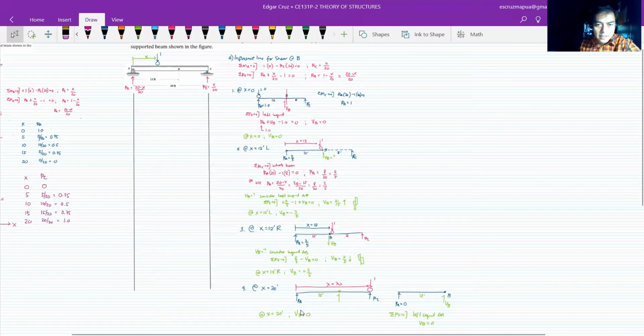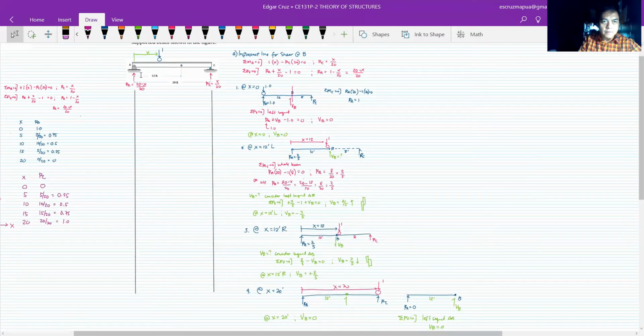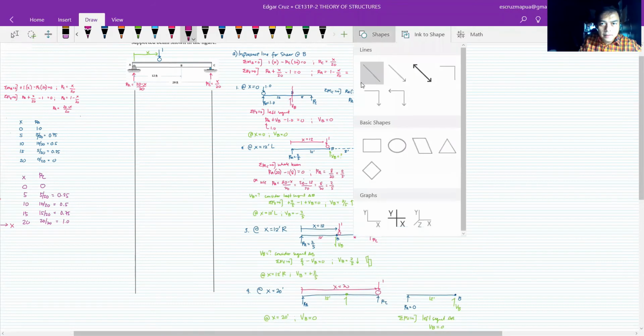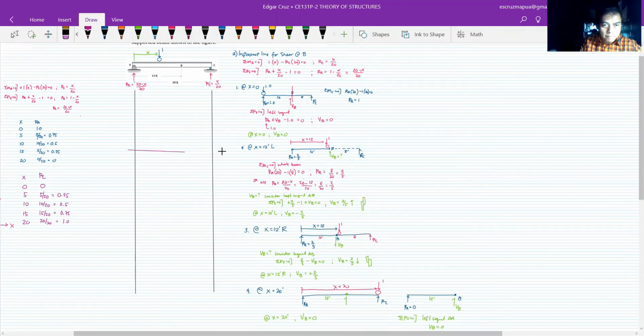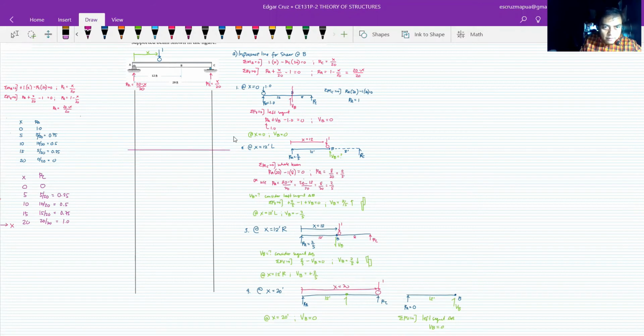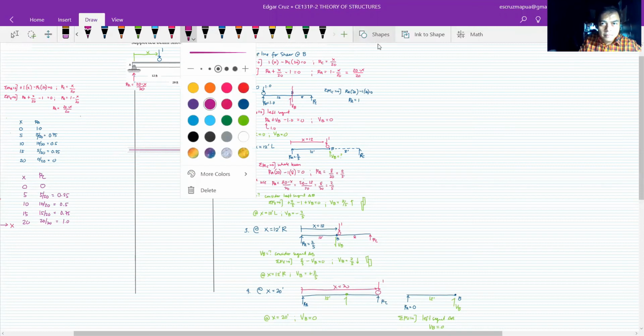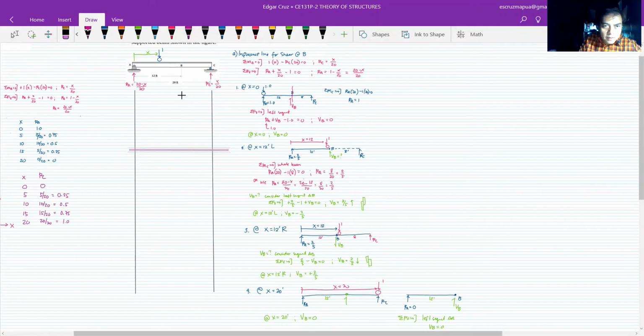Okay, so let us plot it here. Okay, so if we're going to plot it here, okay, so plot natin. So this would be the influence line for shear at B. So ito yung B, oh.